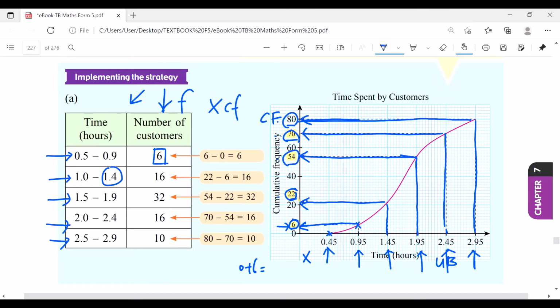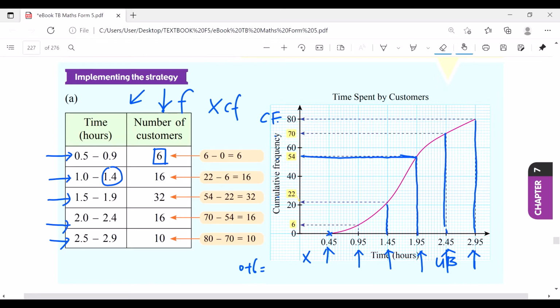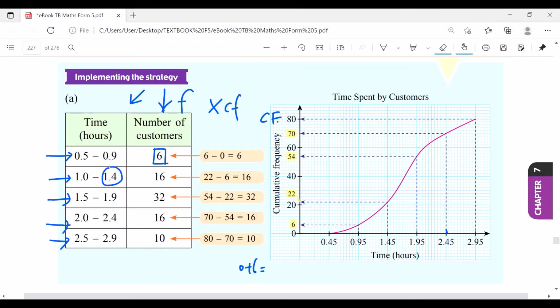For the second one, okay, I clear this one first. For the second frequency, you know that you can get the frequency from the cumulative frequency here, 22.